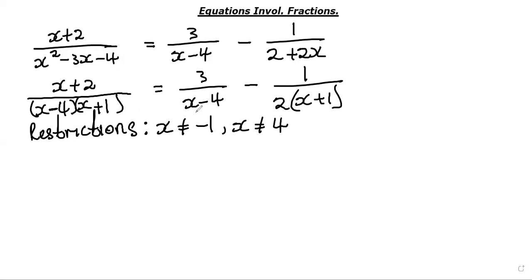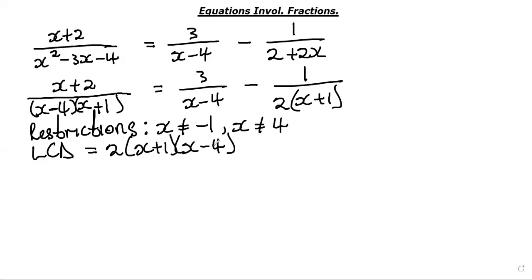So the one that is already existing, we take it once. Do you see that? So we say this one multiplied by that is going to be our LCD. So we tell them that the lowest common denominator is 2(x plus 1)(x minus 4).